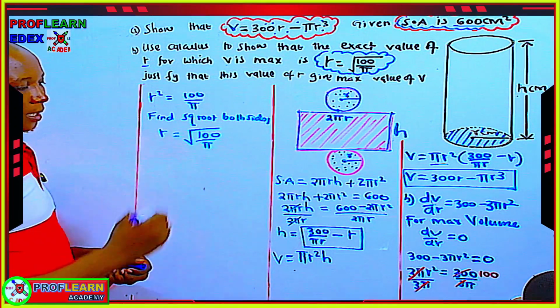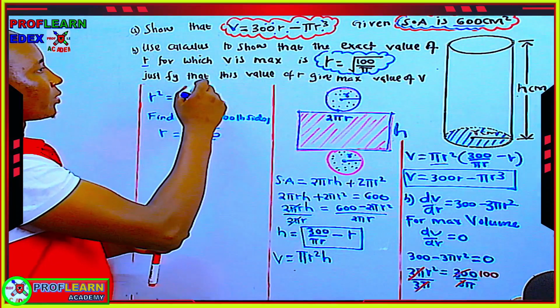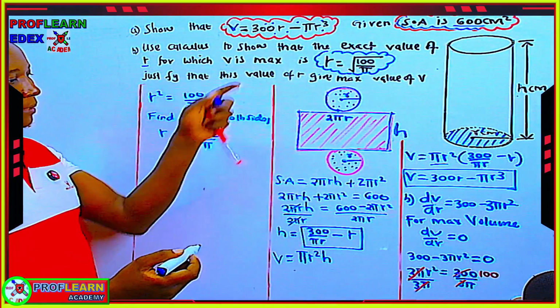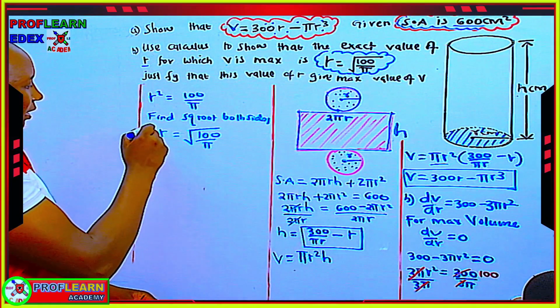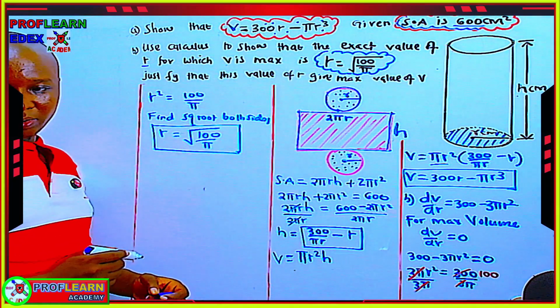We were supposed to show that the exact value of r for V's maximum is basically this part that we have here, and we have shown that.